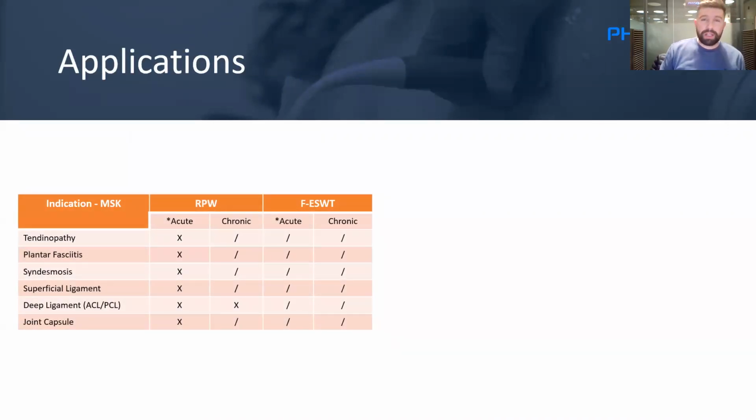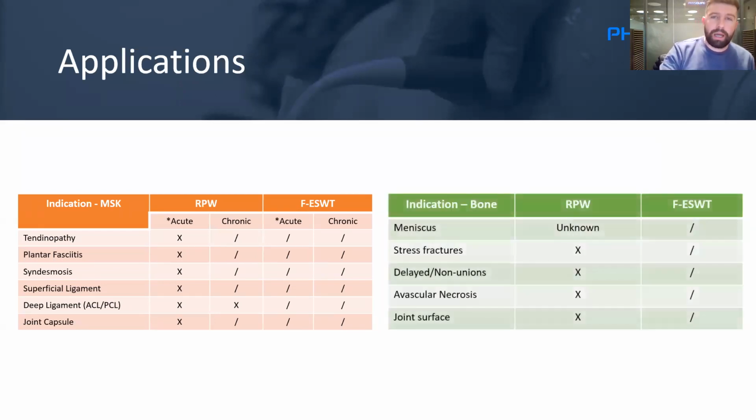So looking at applications, there are a few differences here. So just to give you a quick overview, you can see there for radial shockwave, typically you're going to be using it on chronic injuries rather than acute. And then on the focus shockwave side of things, you have more indications for bone as well. Again, that's something we're going to touch on a little bit, but that's a conversation for another time.